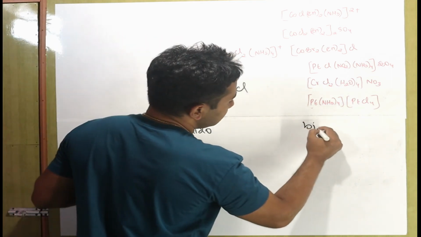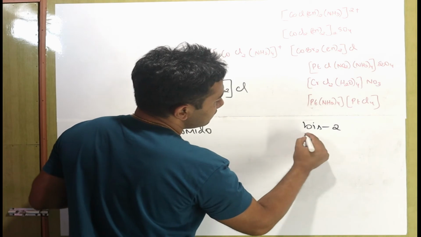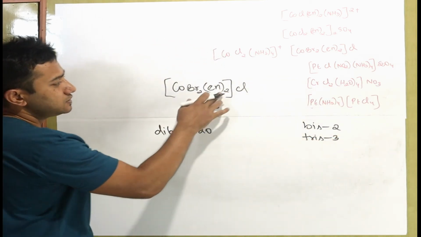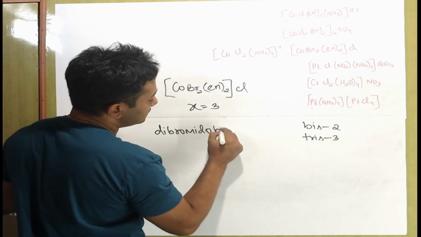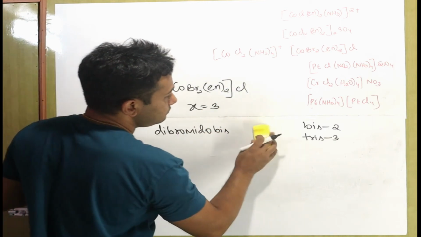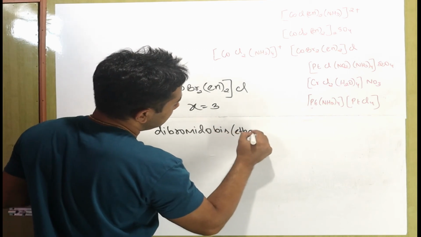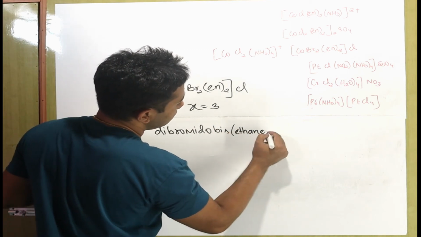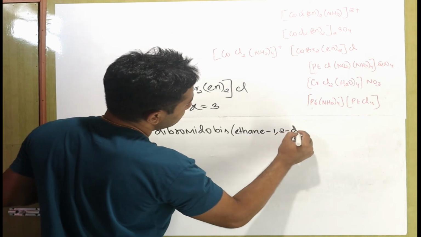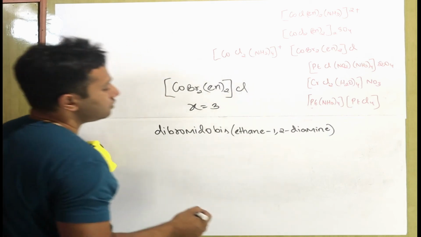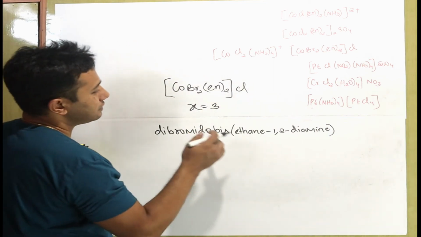For 2 we have bis, for 3 we have tris for En. Since there is 2 out here, I'll write bis. Ethane 1,2-diamine or ethylene diamine.